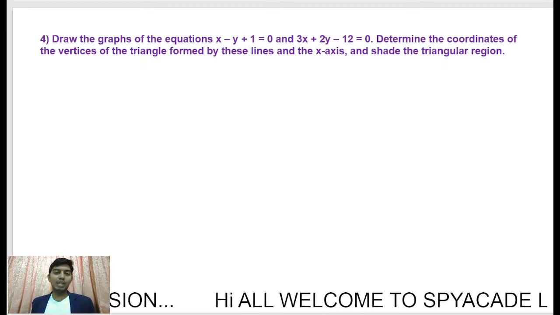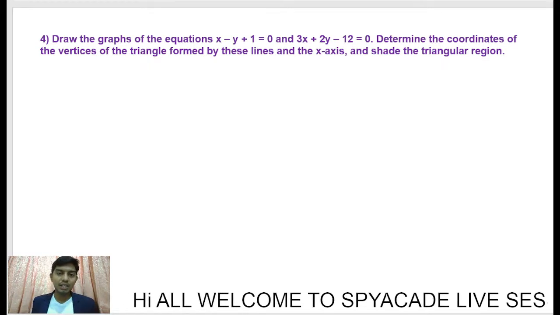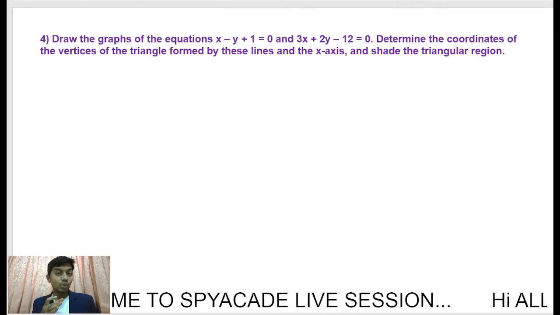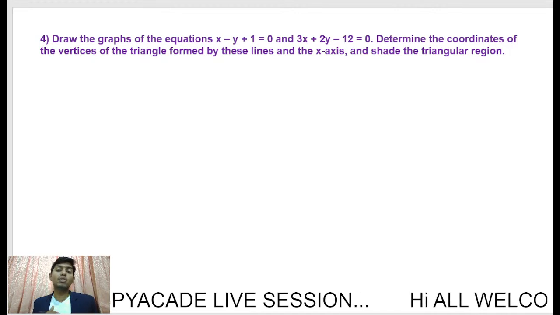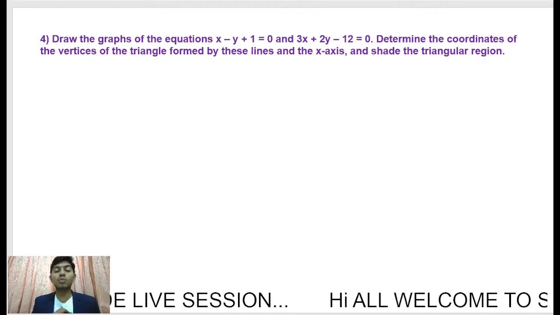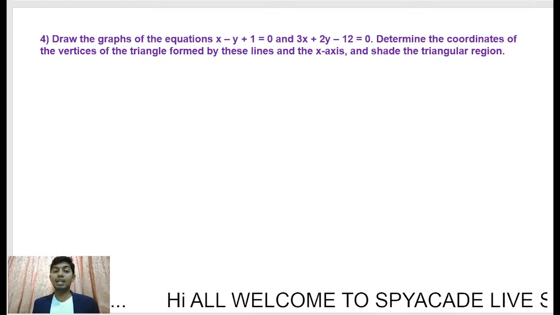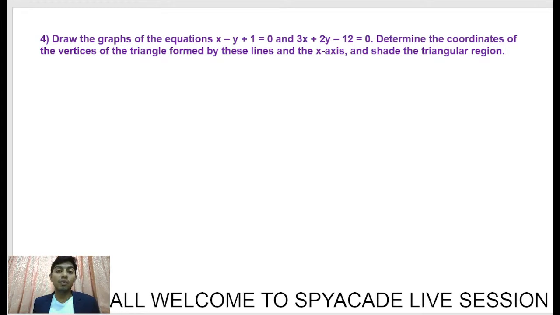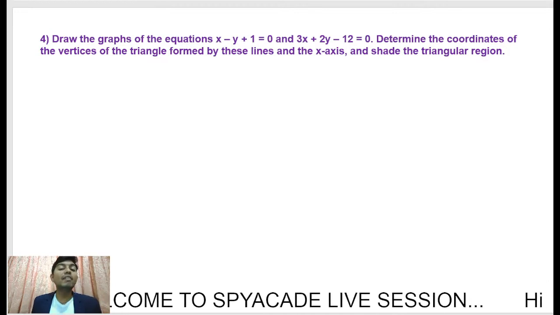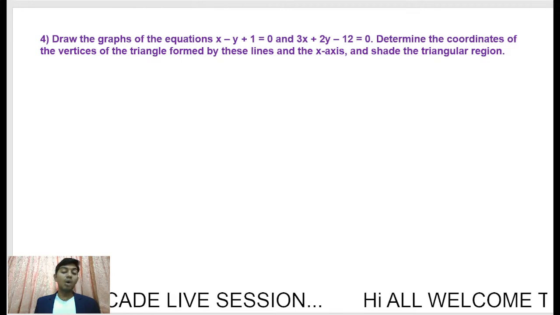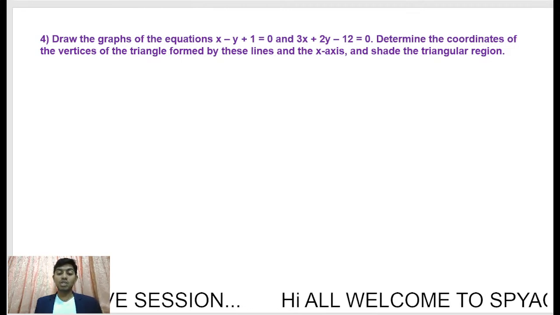They have given two linear equations by which you have to draw a graph, and you will get two lines. Along with those two lines you have to include the x-axis also, where you will have three different lines in total, and these three lines will form the boundary of the triangle, and you have to shade that triangular region.